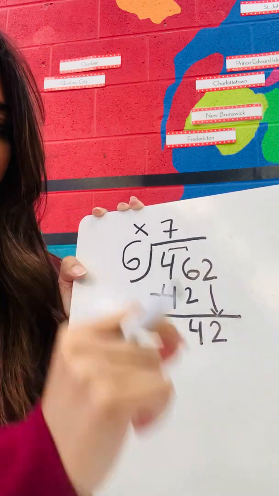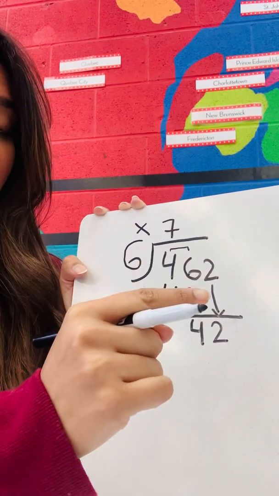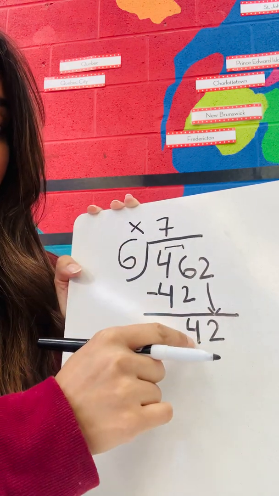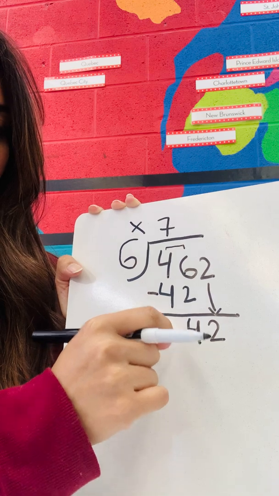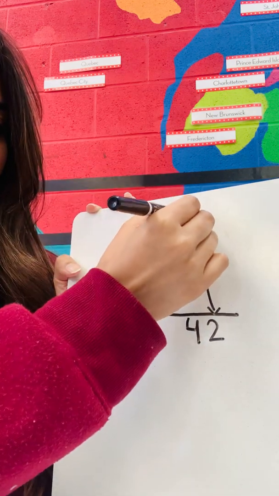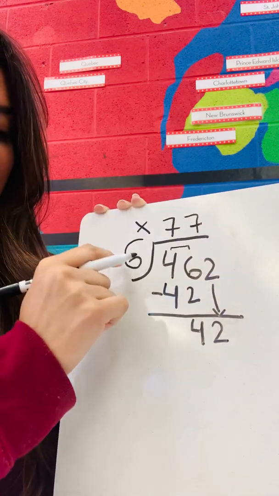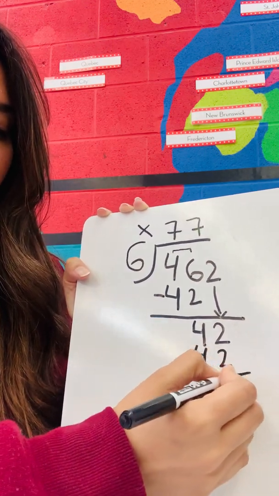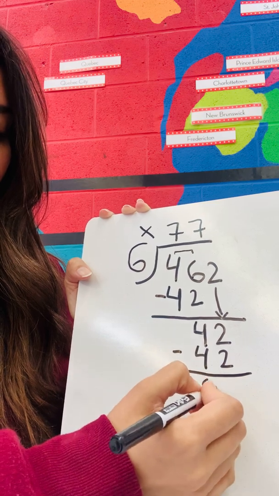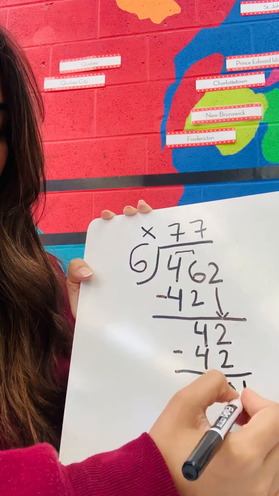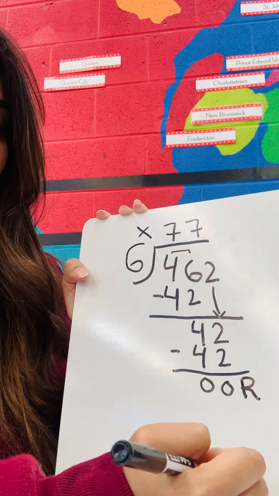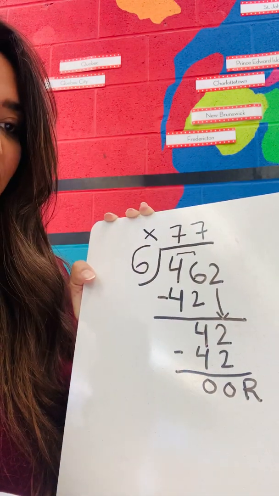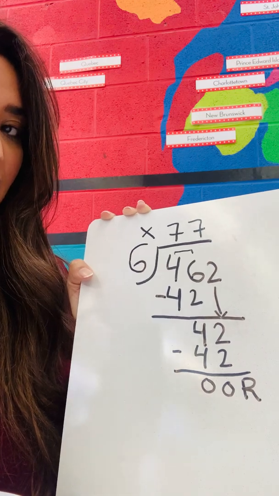If I'm forgetting, I can go back to my times table sheet and see that 7 sixes can fit into 42. And 7 goes at the top. 7 sixes make 42. I'm left with nothing. So my remainder is 0 and my quotient is 77. Am I done?